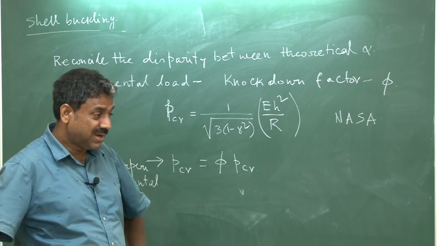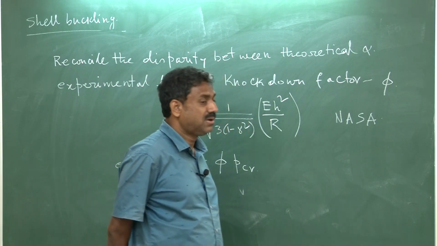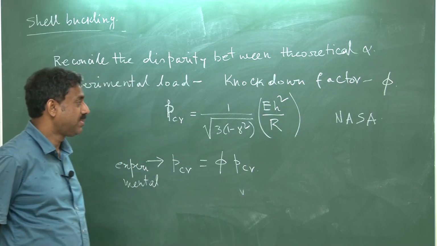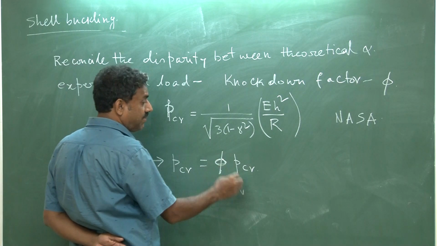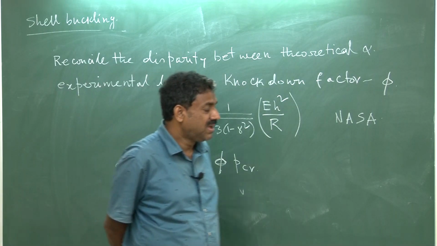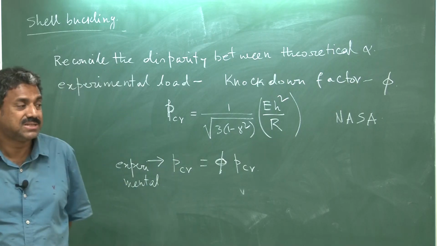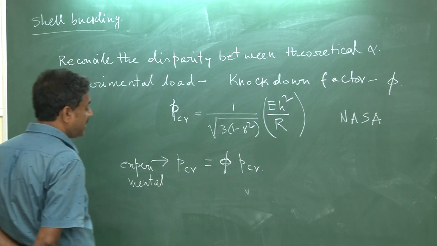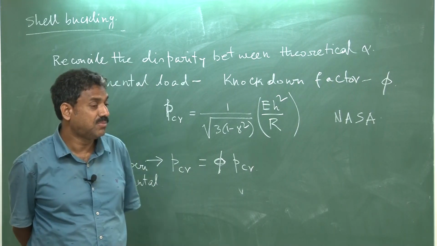But recently there was renewed interest to keep the margin lower, because the knockdown factor has wide variability. There have also been some probabilistic analyses, so reliability-based design can be done to choose this phi because of the uncertainty involved.